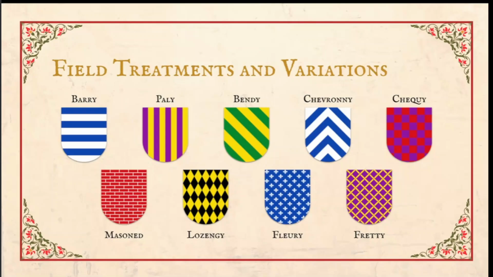A lot of folks, lozengy is kind of what you picture when you think of Harlequin kind of patterns. And then even if you're just covering the field in fleur-de-lis, that's called semy-de-lis. Or if you want to make it look like a net, that's called fretty, which is based on one of my favorite charges, which we'll take a look at in just a little bit.